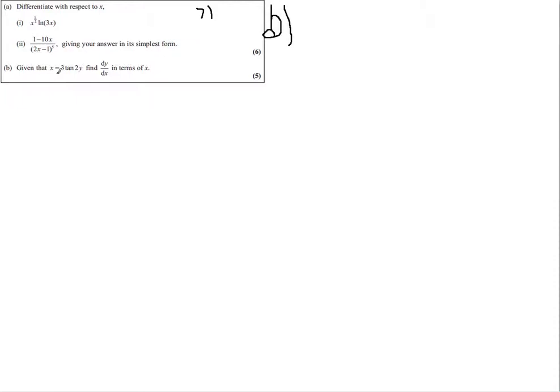The problem with that is that we're used to differentiating with respect to y when y equals something, not when x equals something. And we could rearrange, but what we would find is something that we can't differentiate, or we don't know how to differentiate.